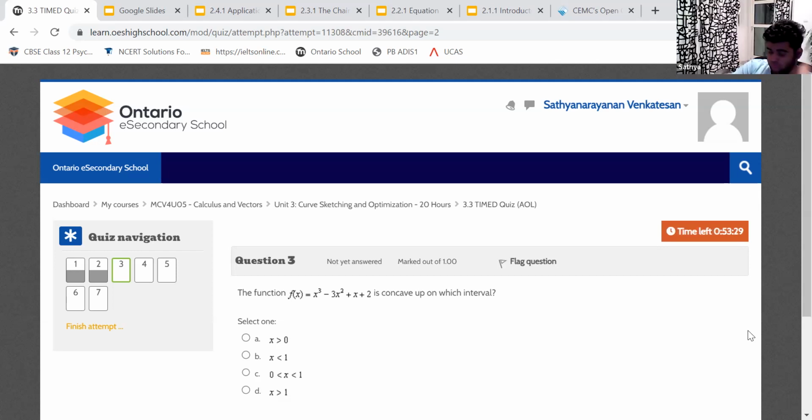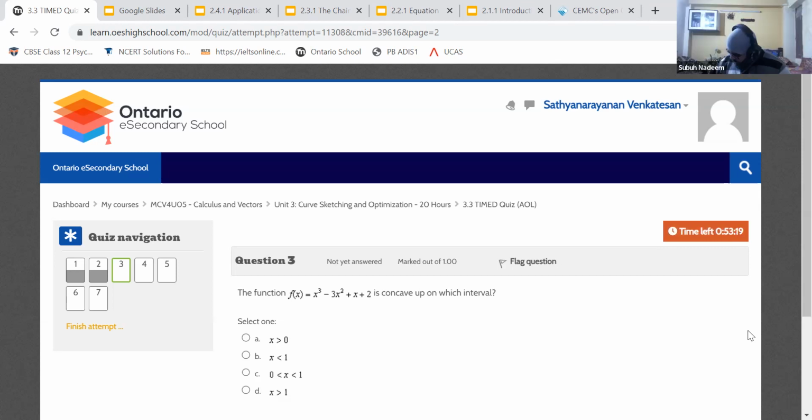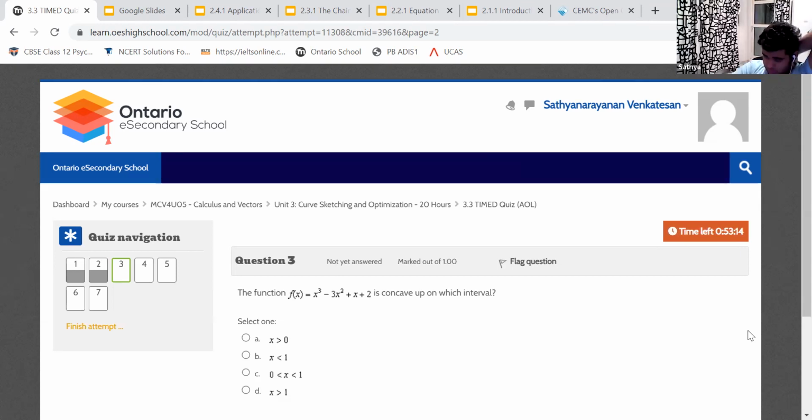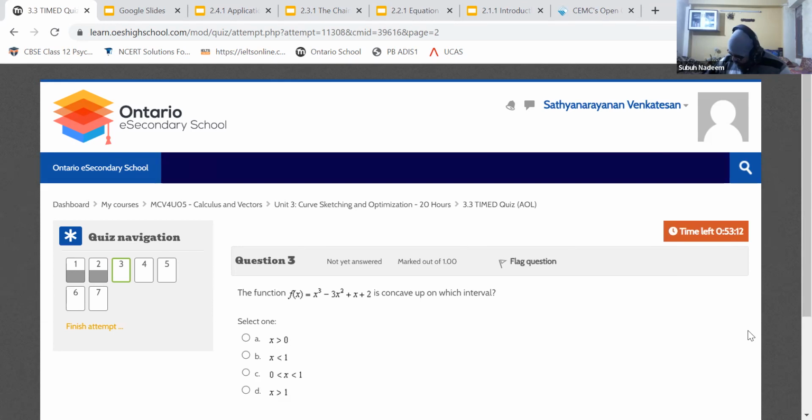I got 6x minus 6. Yes, I can write it as 6 common, 6 into x minus 1.